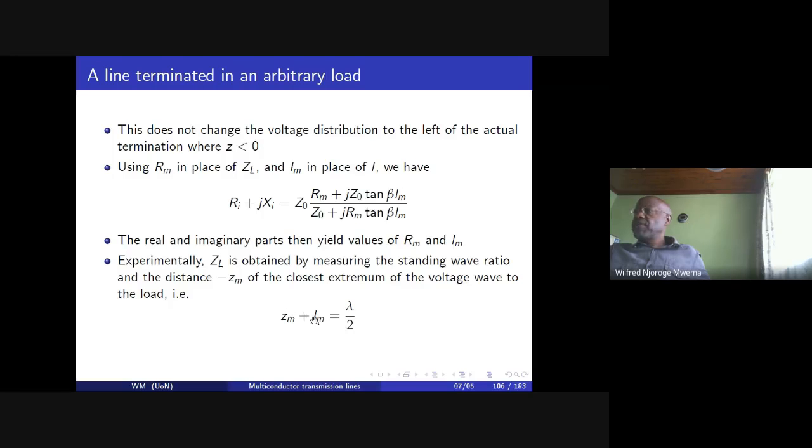And therefore, all we are saying is that the value of Zm, that is the position of the nearest voltage minimum to the load, plus the length Lm must be equal to lambda by 2, as we can see here.